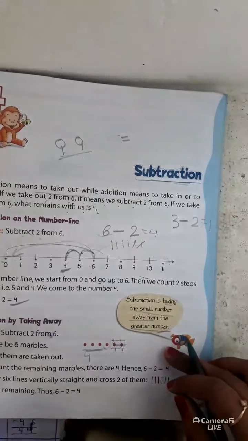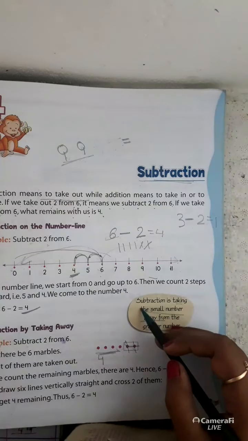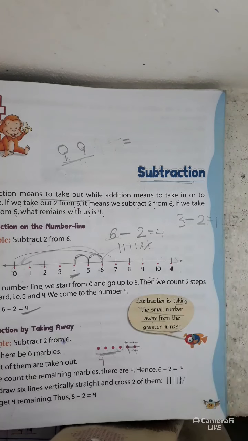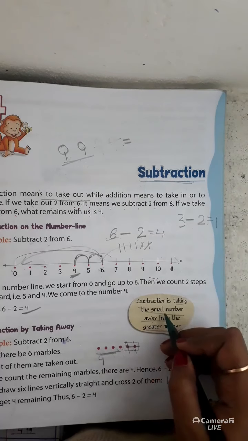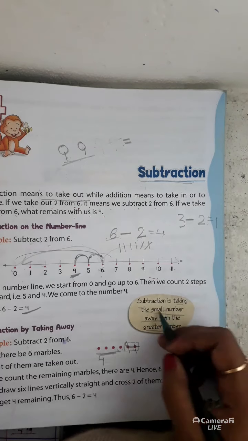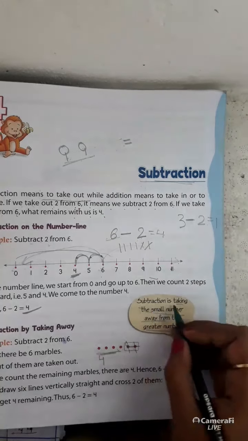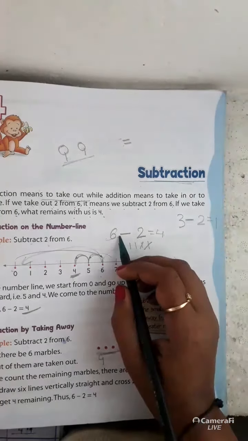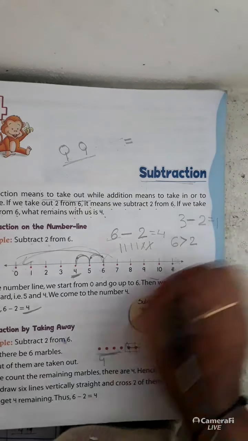Now what this face is saying to me and to you also: subtraction is taking the small number away from the greater number. You know it very well. 6 is greater than 2.